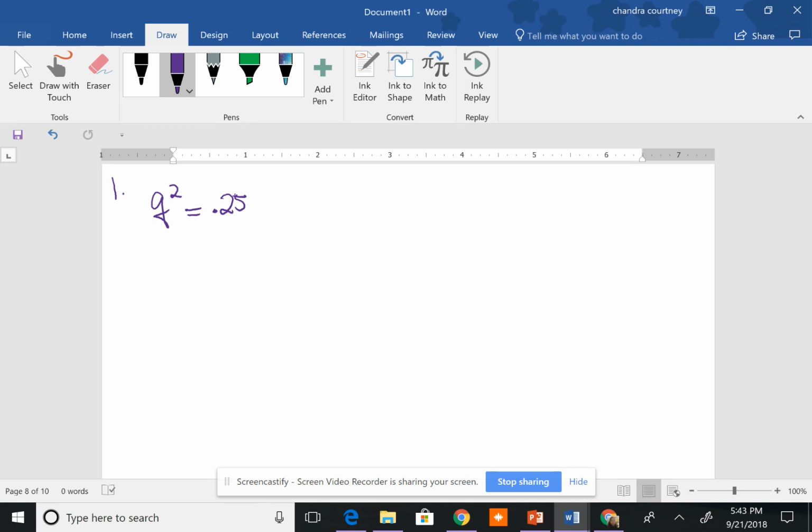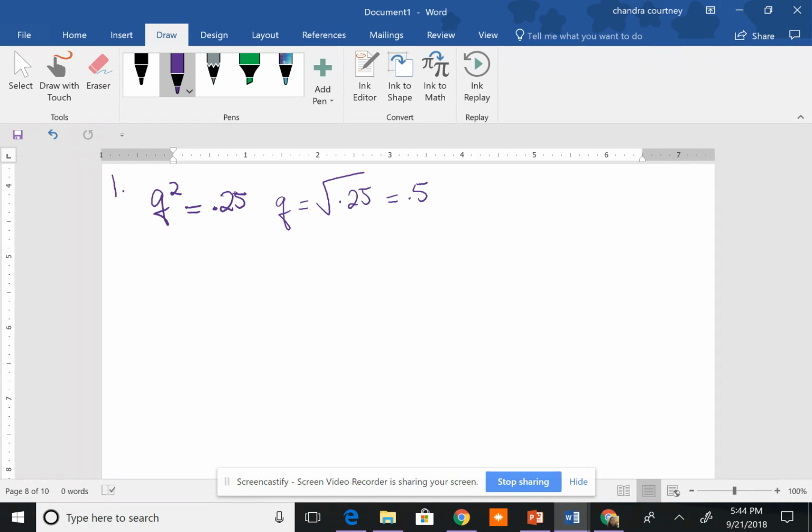So from this, I can now find Q, because if Q squared is 0.25, it stands to reason that Q is going to be the square root of 0.25, which is 0.5.